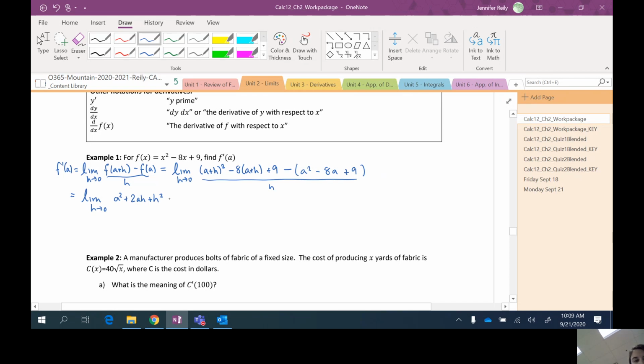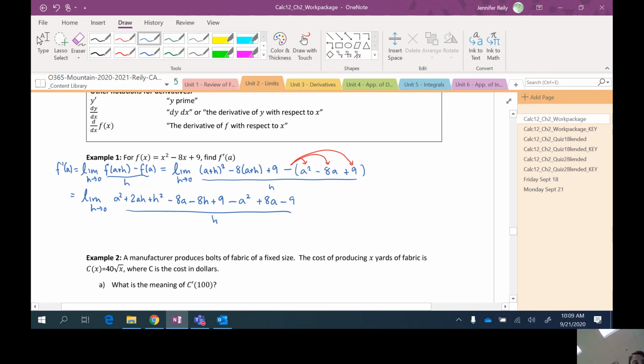I'm going to expand that bracket so I have negative 8a minus 8h plus 9. And the only thing I have to do for the second part is just put a negative on each term. So negative a squared plus 8a minus 9. And that's all over h. So that's a lot of terms.